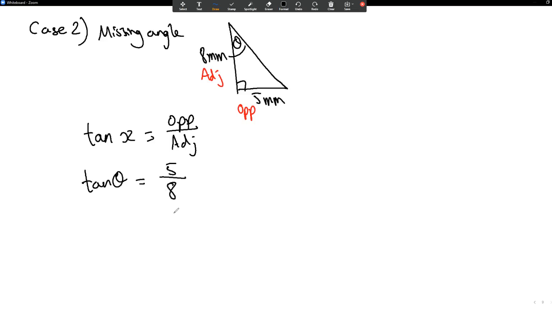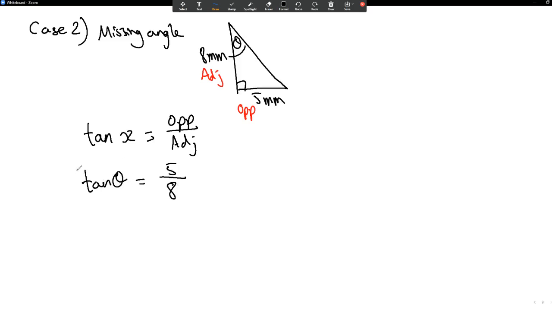Okay, and now it might become apparent that theta isn't by itself. We have tan theta. It's something we haven't learnt thus far, of how you can get theta by itself.